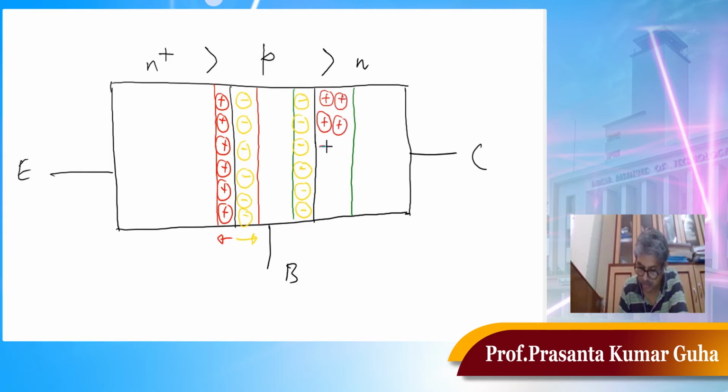The collector will have positive immobile ions. But the point I would like to make again is that the depletion width at the collector is the highest, and it is of course more than the depletion width present on the base side.